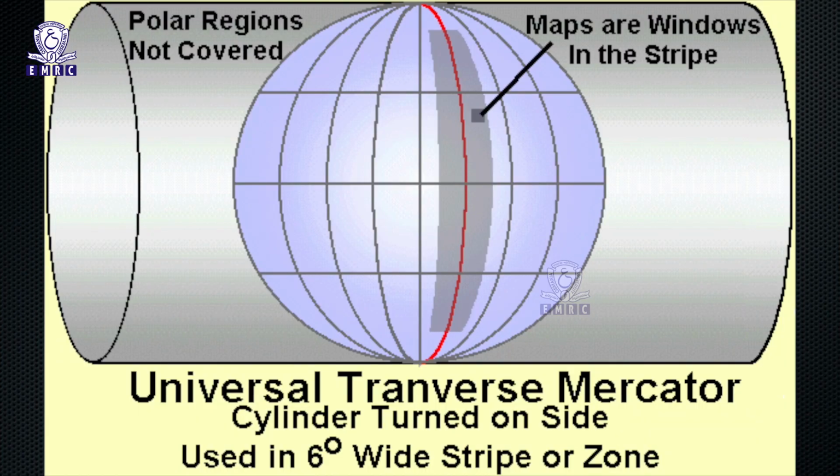This system is used worldwide. The UTM grid system divides the Earth's surface between 84° north and 80° south into 60 zones. Each zone covers 6 degrees of longitude and is numbered sequentially with zone 1 beginning at 180° west.